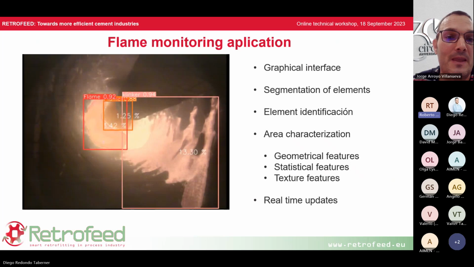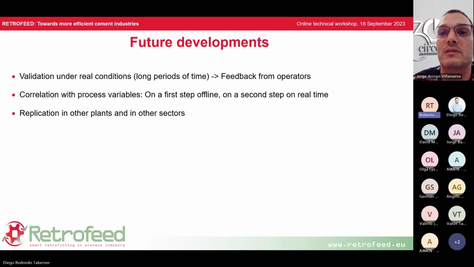At this moment of the project, which is finishing, we are working on adjusting some models and extracting more features, but I wanted to show here some developments for the future. One is that we will need to validate it under real conditions for long periods of time. For this, we will need feedback from operators. In this case, we don't connect to the process data in real time.